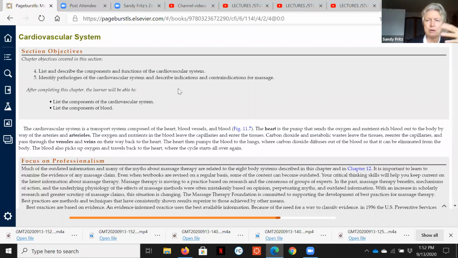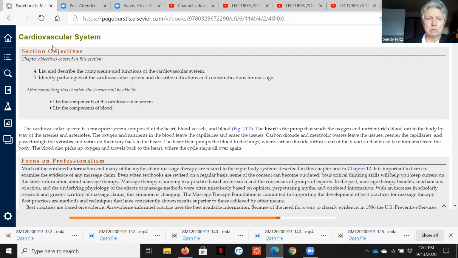Maybe we are having a mechanical effect on the movement of the fluid. If we understand how these work in normal function, then we can mimic normal. And if we understand how these systems break down, then maybe we can be supportive. So just a little word of caution here on how you need to frame the direct influence of massage.